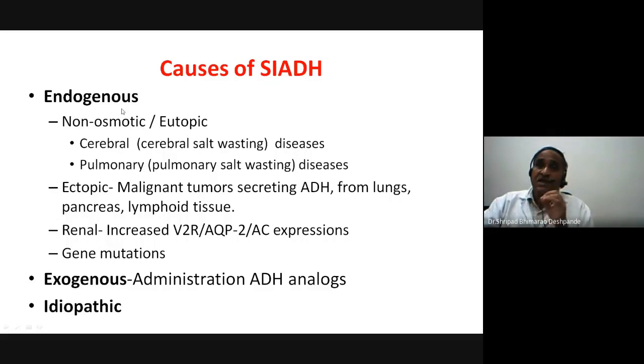Normally, hyperosmolality of the plasma stimulates the osmoreceptors located in the hypothalamus, which in turn activate the paraventricular and supraoptic nuclei of the hypothalamus to release ADH from the posterior pituitary through the hypothalamo-hypophyseal tract. Here, this non-osmotic stimulation has nothing to do with those osmoreceptors.